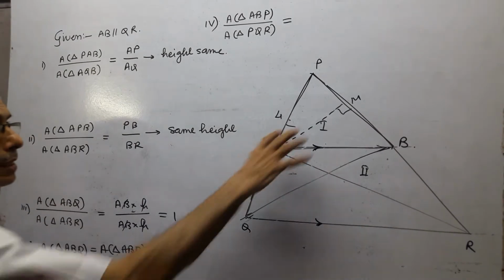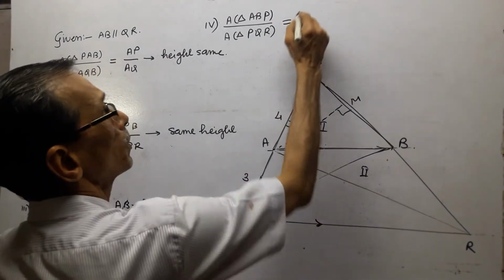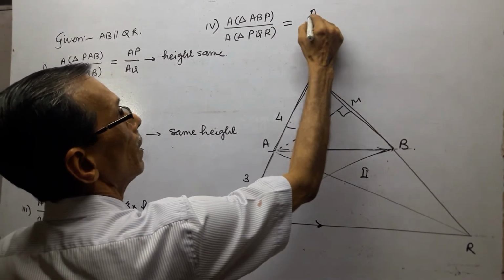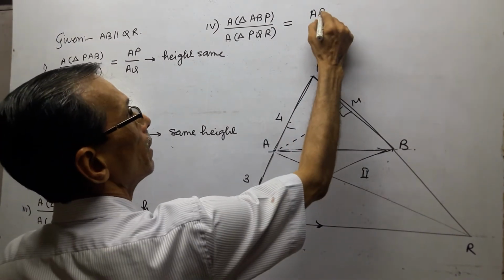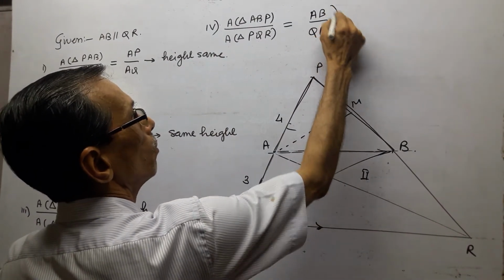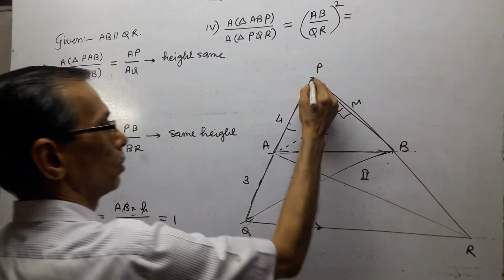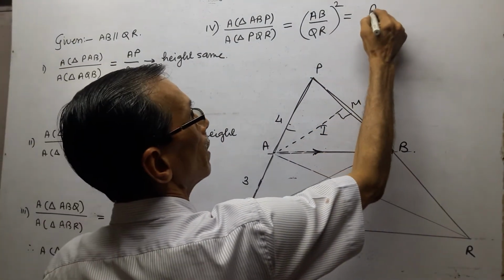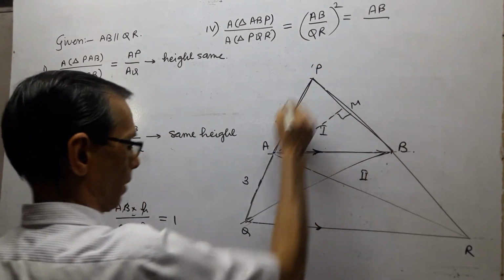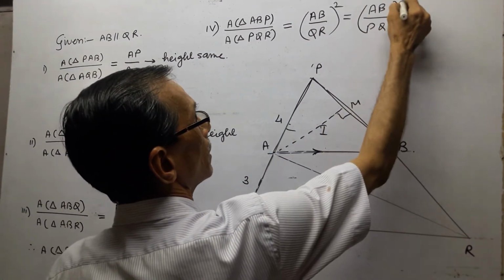And these two triangles are similar. Therefore the ratio of areas is proportional to AB upon QR whole square, and that is also equal to AB upon PQ whole square, because they are corresponding sides.